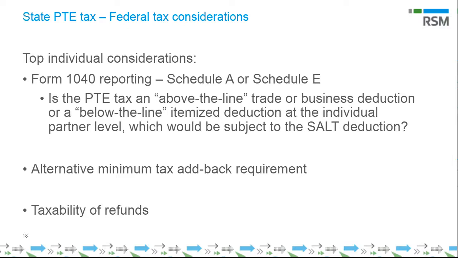We also have questions about the taxability of a state refund. So if there's a state tax and the individual receives a refund of that state tax as paid by the entity for a variety of reasons, does the individual then have income? It would appear the individual does, as there was the benefit of a federal deduction, but it's interesting because the benefit came from the individual's trade or business income.